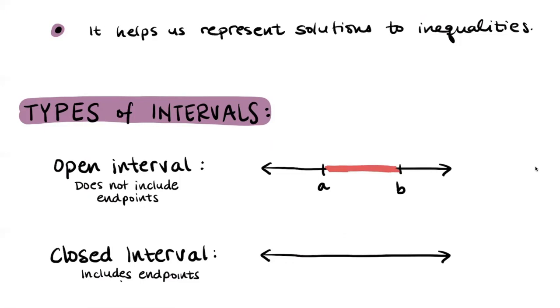And then the open part means we're not including A. So to denote that, we draw an open circle like this. And we're not including B either, so we draw an open circle like that. So this is all numbers between A and B. This is a graphical way of representing that.